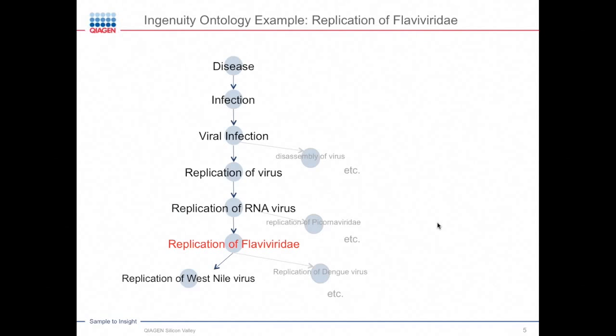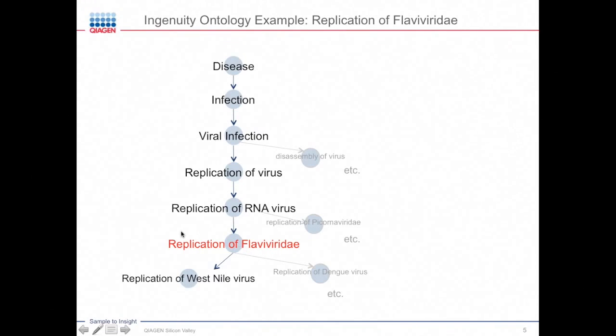So just to help explain ontology, this is an example of the ontology for the replication of flaviviridae, and you can see how it's structured into this hierarchical kind of thing where it's an RNA virus, it's a viral infection, and things like that. It's part of the disease.